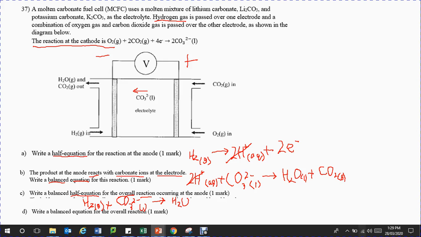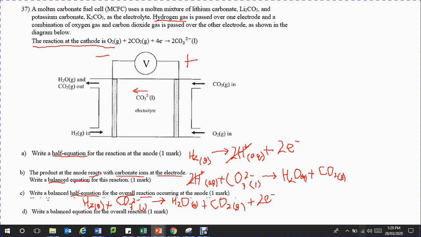Okay, I'm going to write state. Oh, that's a gas. There you go. Helps if I read the diagrams correctly. That's a gas. Okay. Plus, what have I got left? CO2, gas. And don't forget the 2 electrons. Okay, so that's the equation overall.